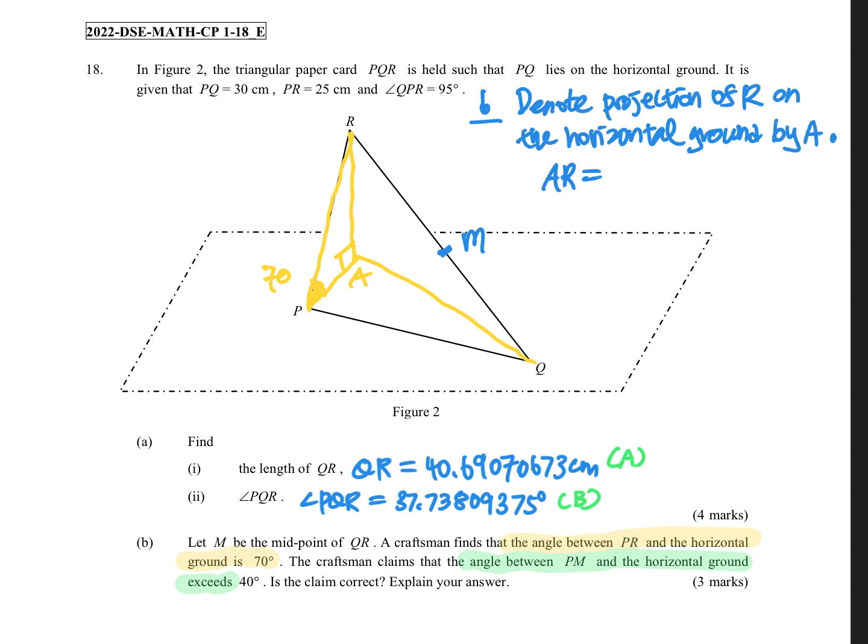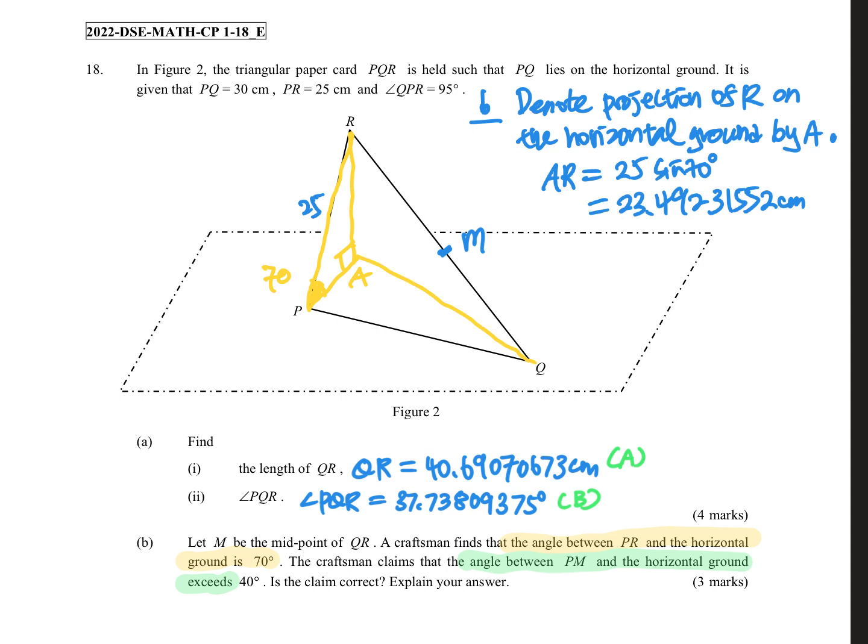Don't forget PR in part A is 25. So AR will be 25 sine 70. Using the calculator, that will be 23.49231552.